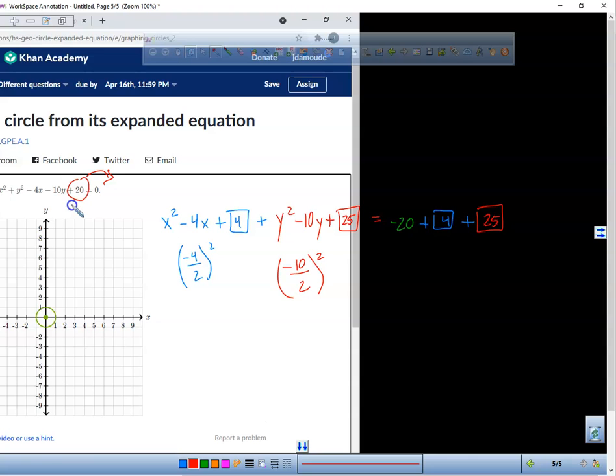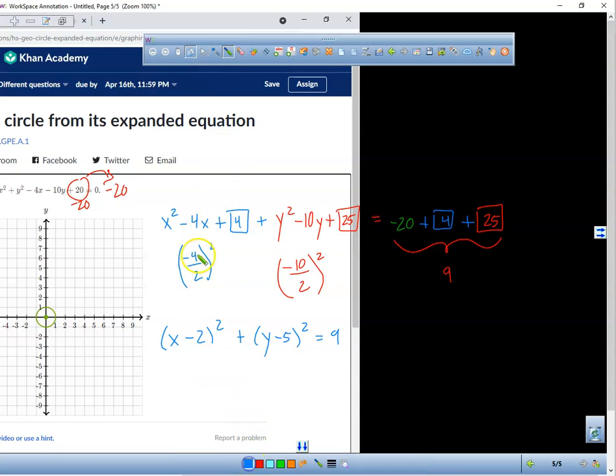And all I did was take this positive 20, subtracted 20 from both sides. That's how I got this negative 20. All right? So all we got to do now is just add all of these together. So we got 25 plus 4 is 29. Minus 20 just gets us to a 9. And we're done. All we got is this. X minus 2 squared plus y minus 5 squared equals a 9.